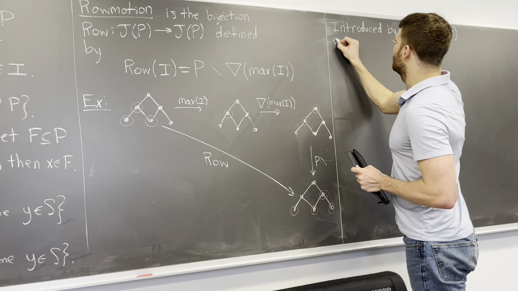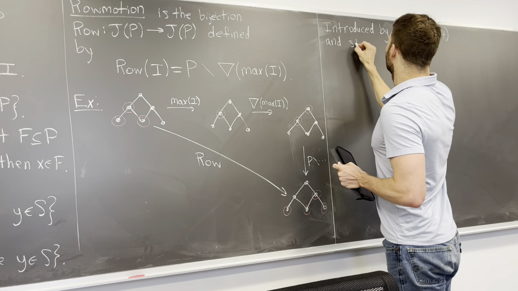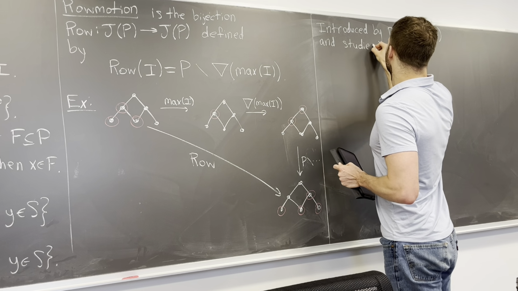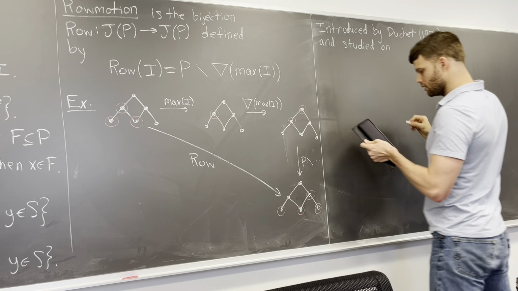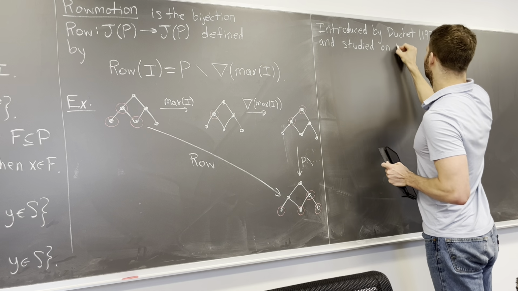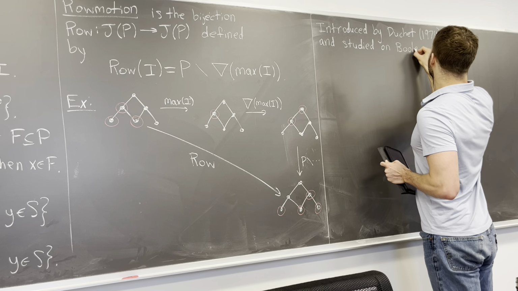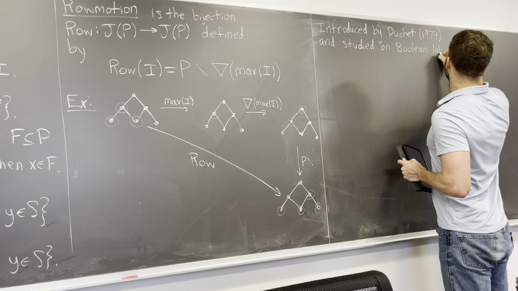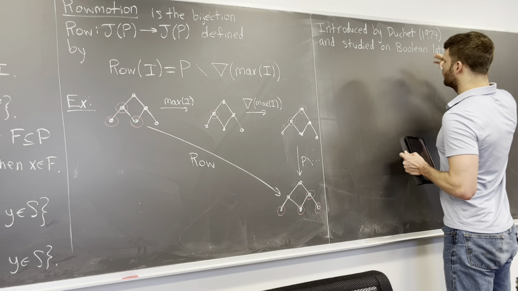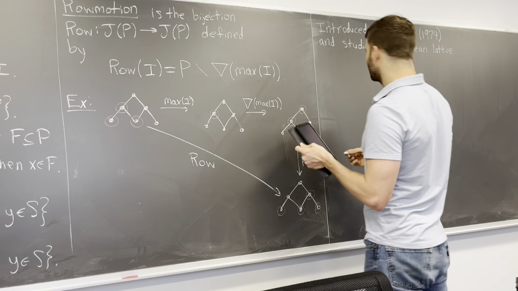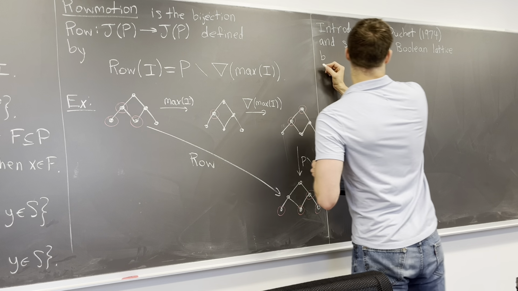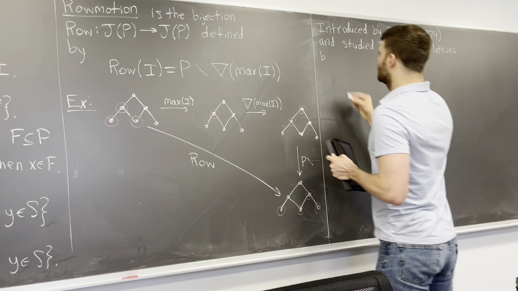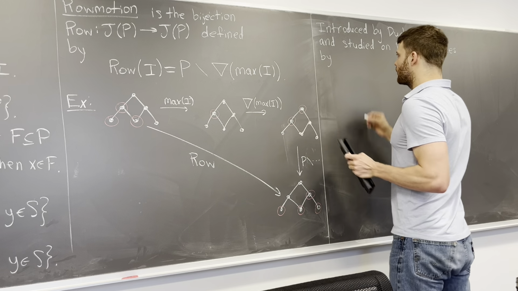And it was studied on Boolean lattices. So when the poset P is a Boolean lattice, it was studied by Brouwer and Schrijver.